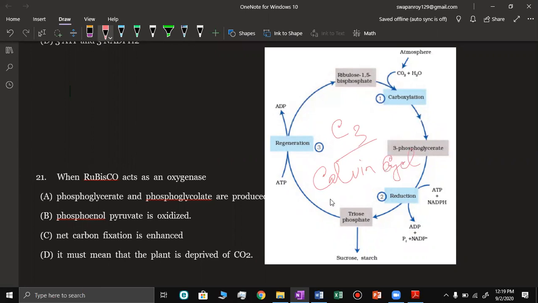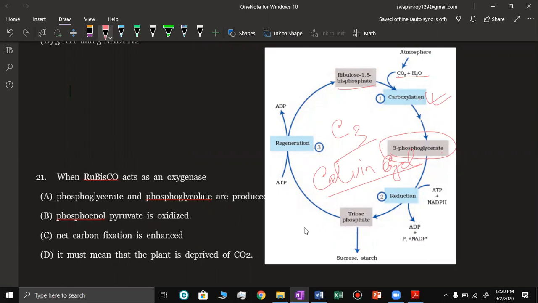In the Calvin cycle, carbon dioxide is absorbed, and that is the carboxylation process. Ribulose 1,5-bisphosphate absorbs it and produces 3-phosphoglyceric acid, and this 3-phosphoglyceric acid is reduced to triose phosphate.